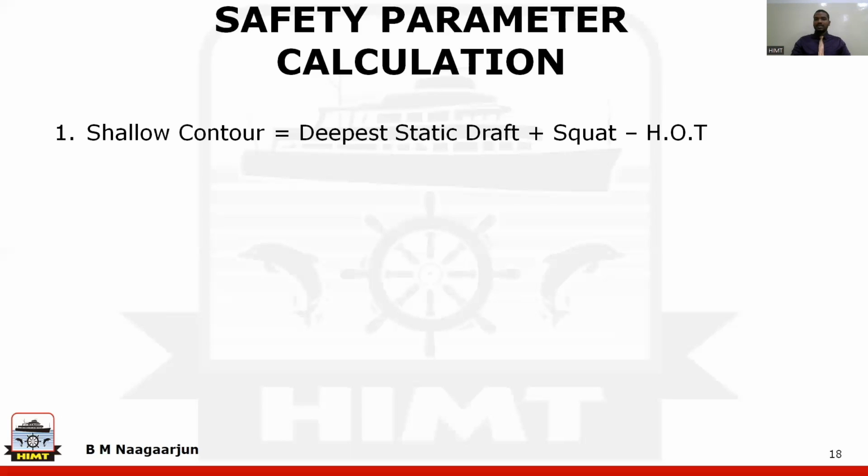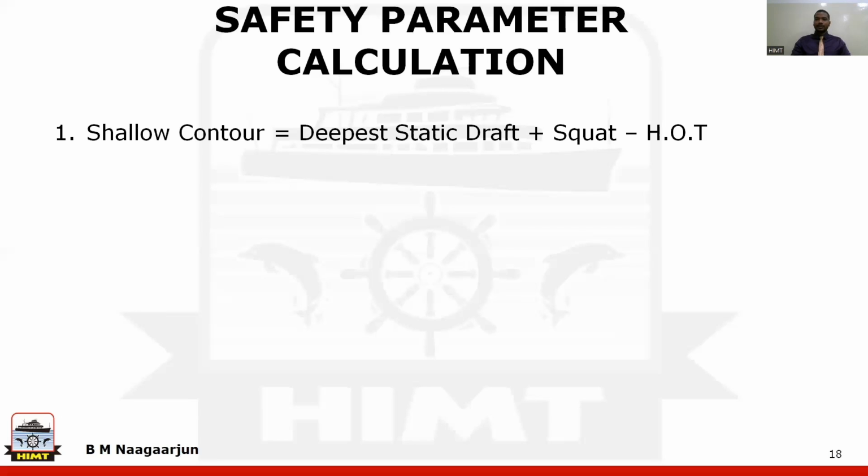The deepest static draft and squat together are called the dynamic draft. Or in other words, when the water depth is equal to the dynamic draft of a vessel, the ship's bottom touches the ground. That will be the first point of contact.